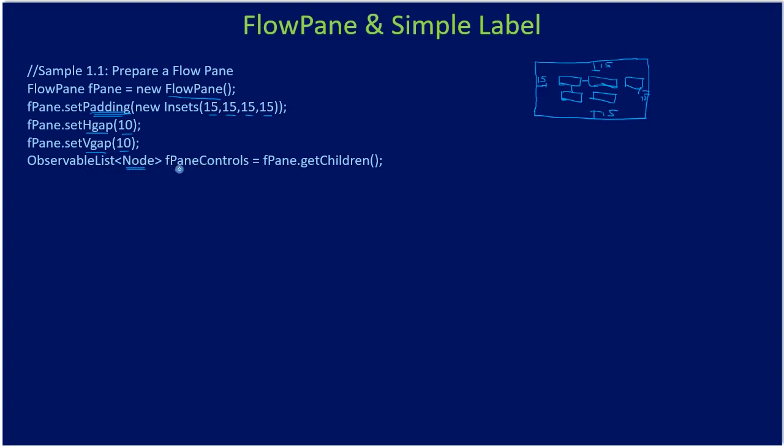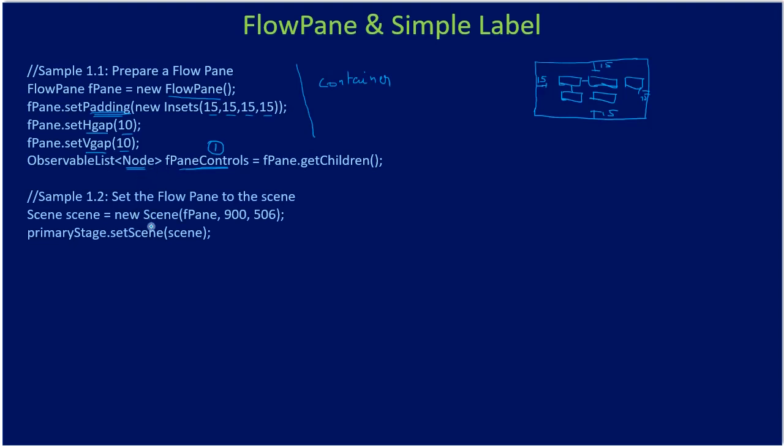We reference that as fpanControls. The children on the FlowPane will give the collection, and we are naming it fpanControls. Now here FlowPane is ready, and we have children also ready on this particular call. fpan.getChildren will give us the node collection.